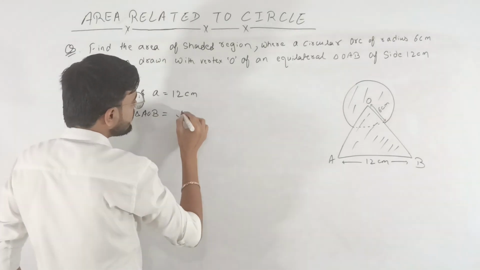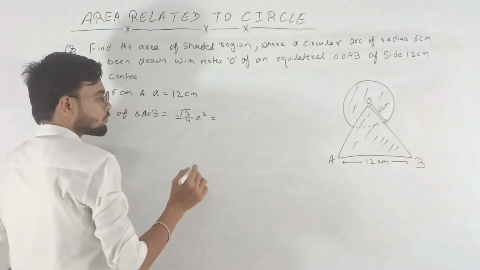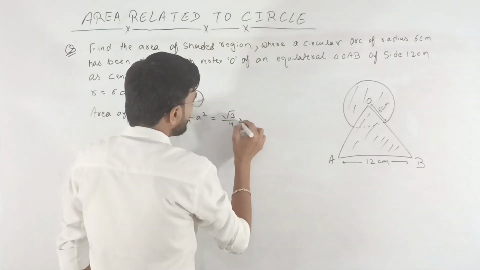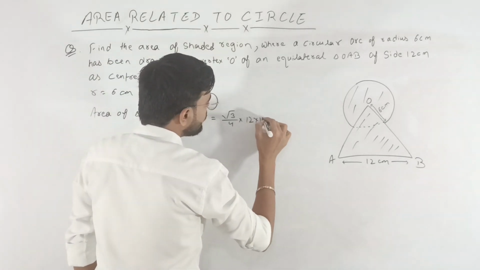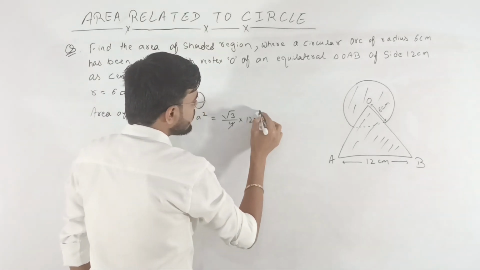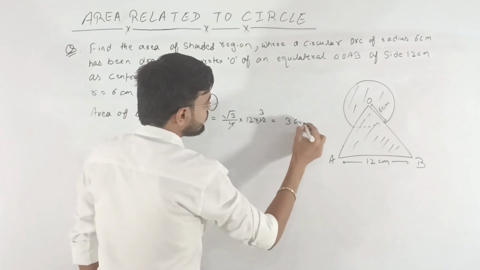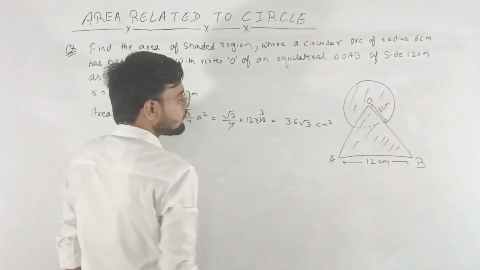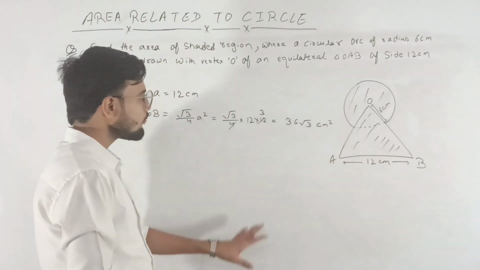So the area of an equilateral triangle is root 3 upon 4 a square, which equals root 3 upon 4, now a square, which is 12 into 12. So 4 3s is 12, 12 into 3 is 36. So this will become 36 root 3 centimeter square.